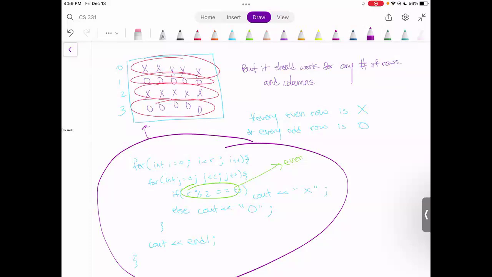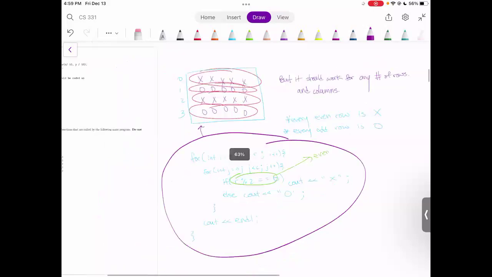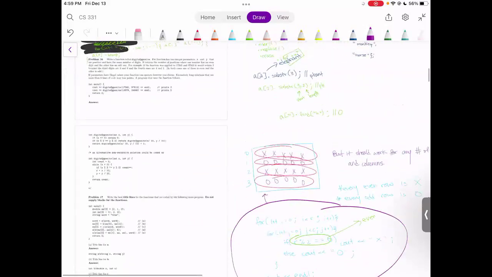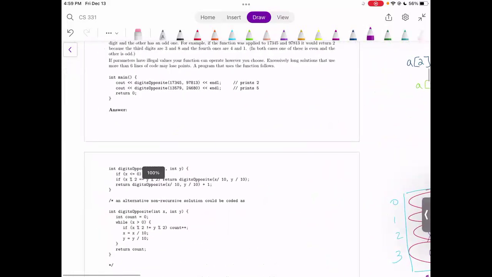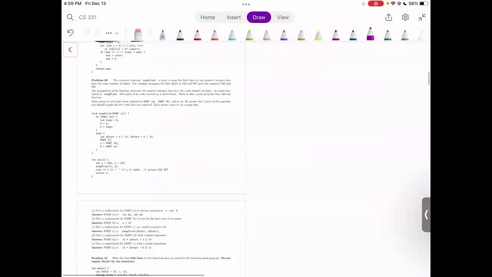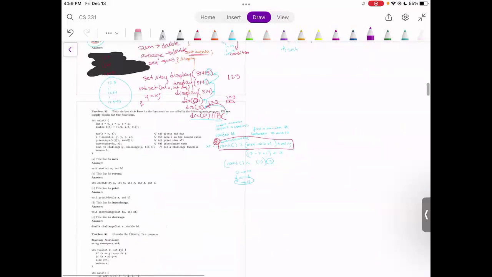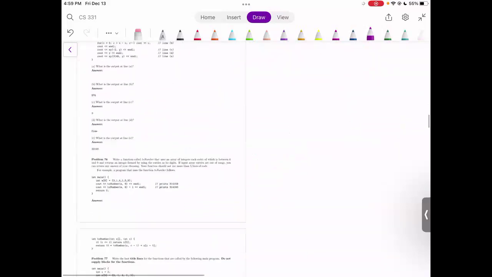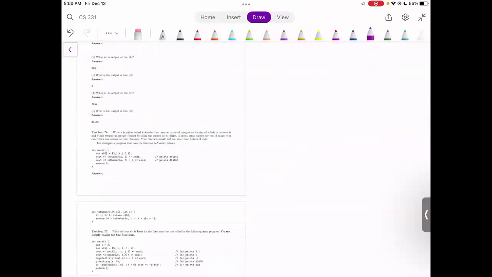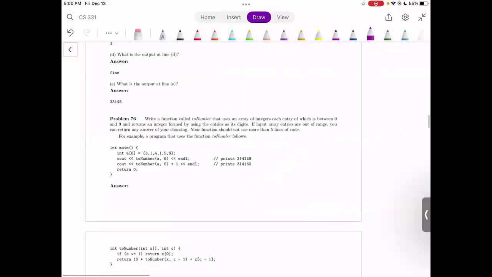So let's see if I can find one really quickly. Let me scroll all the way down. Okay, we can do this one.